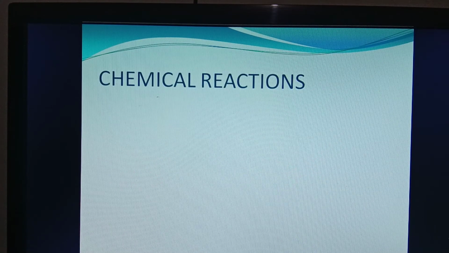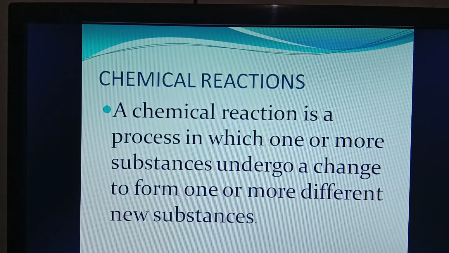Our next topic is chemical reaction. Chemical reaction is a process in which one or more substances undergo a change to form one or more different new substances. Actually, chemical reactions are chemical changes where new substances are formed with different properties.